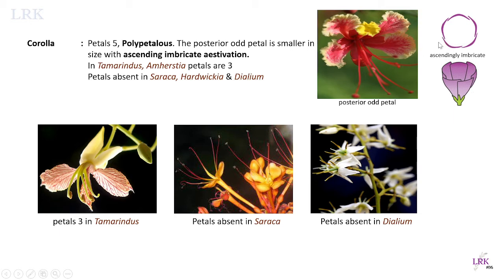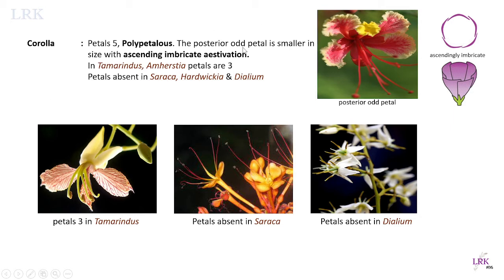Such type of arrangement is known as ascendingly imbricate aestivation. One petal is completely in, the other completely out, and the three remaining are with one end in and one end out. Such a floral arrangement is known as ascendingly imbricate aestivation.